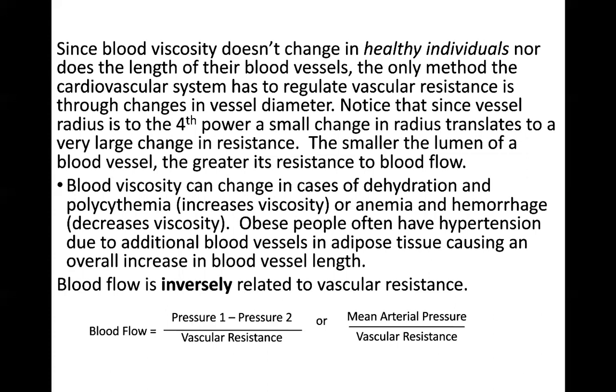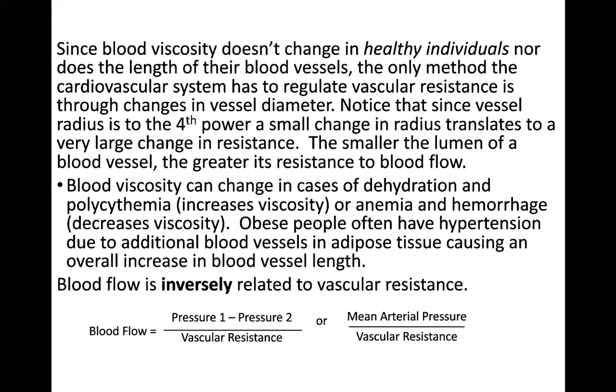So, since blood viscosity doesn't change in healthy individuals, nor does the length of their blood vessels, the only method the cardiovascular system has to regulate vascular resistance is through changes in vessel diameter.